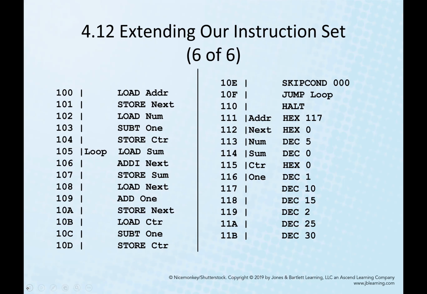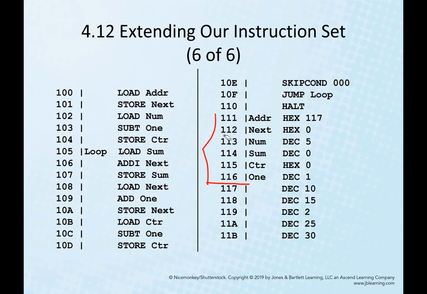We have some labels. I want to put a circle around these labels. Do you know what a label is? A label is the same thing we use when we program in assembly, and the assembler converts it to machine language. These labels are for specific addresses from 111 to 116.